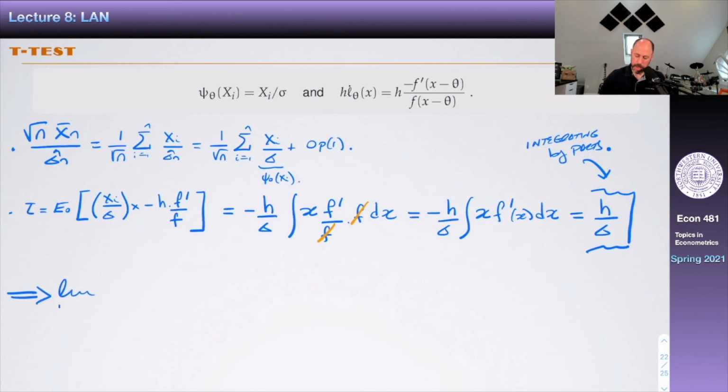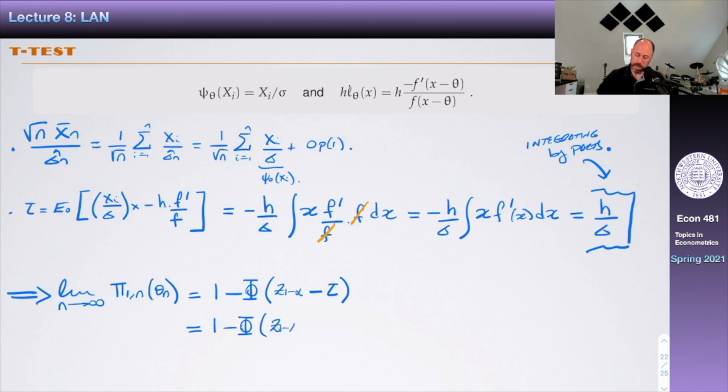And so then the limit as n goes to infinity of the power of the t-test along the sequence of local alternatives is 1 minus the CDF of a normal at the quantile minus tau, a result that follows immediately from Le Cam's third lemma. And so this is 1 minus the CDF of the quantile minus h divided by sigma.